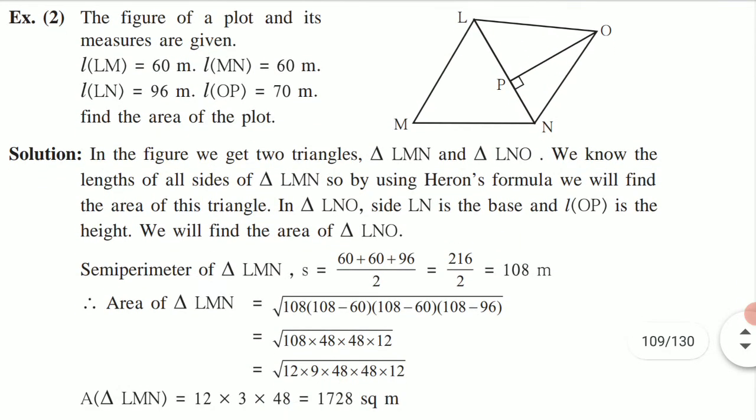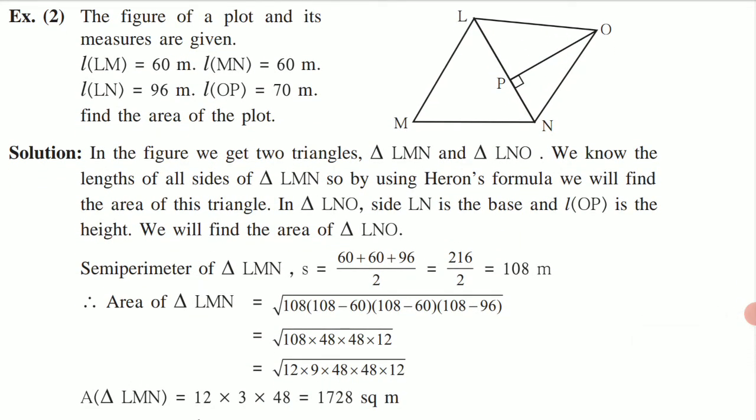The next example: the figure of a plot and its measures are given. Length LM is equal to 60 meter, length MN is equal to 60 meter, length LN is equal to 96 meter, length OP is equal to 70 meter. Find the area of the plot. In the figure, we get two triangles, triangle LMN and triangle LNO.